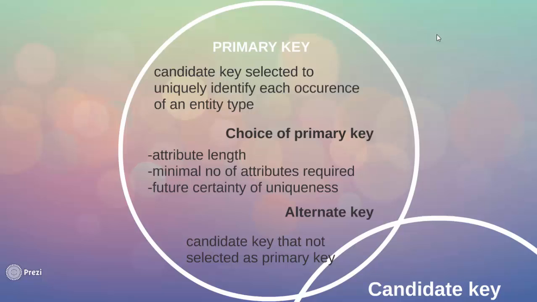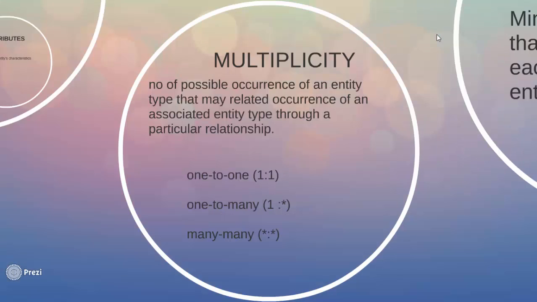And future certainty of uniqueness. It means in future the number also will be unique. Alternative key is the candidate key that not selected as primary key.